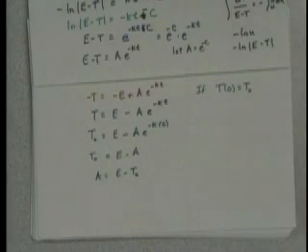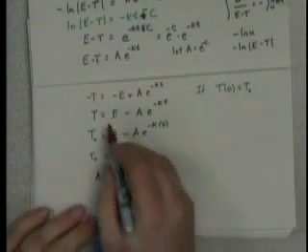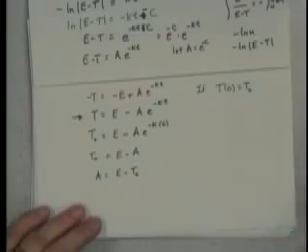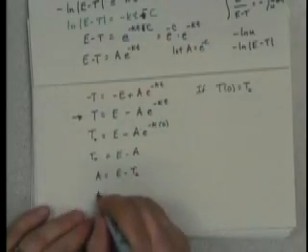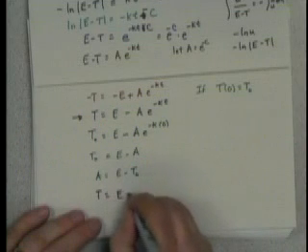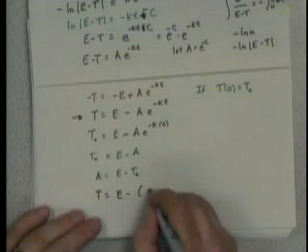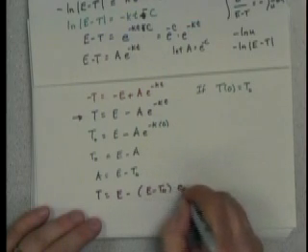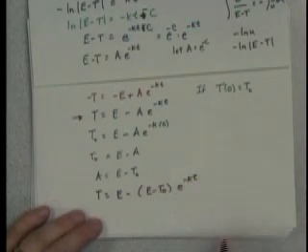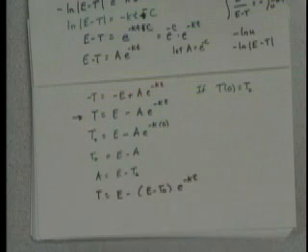So a more specific solution. This is one solution, one way to write the solution, that one there in dark blue. But another way to write it is to solve for the coefficient A in terms of the initial temperature of the object.